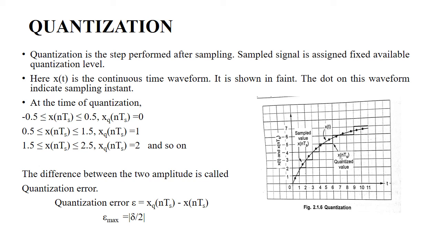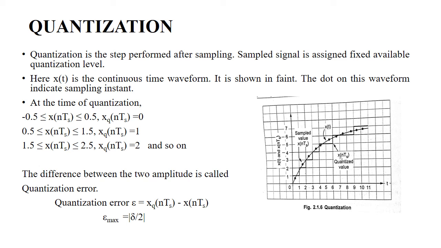Next, we are going to see about quantization. Quantization is the step performed after the sampling. Here the sampled signals will be fixed to the available quantization levels. Here we have x(t) as a continuous time waveform, and the dots on the waveform indicate sampling instants.